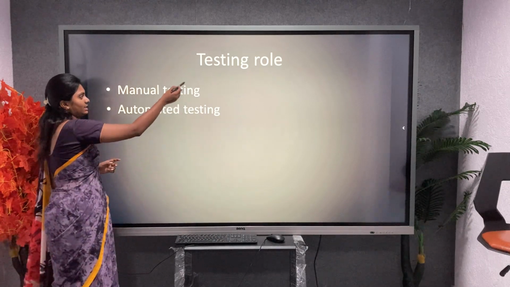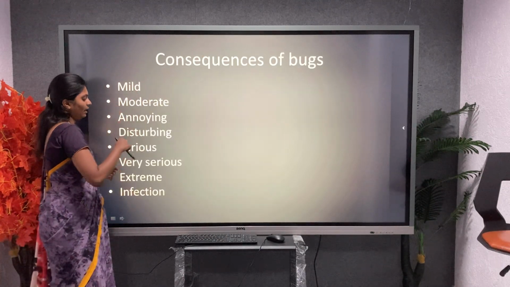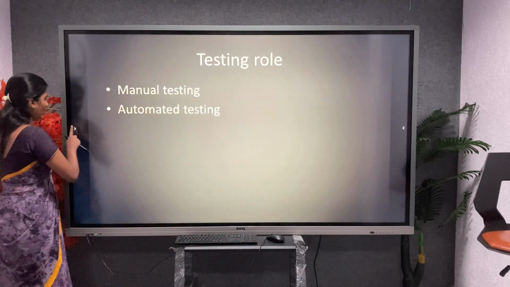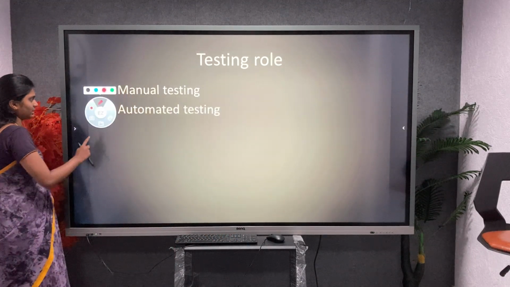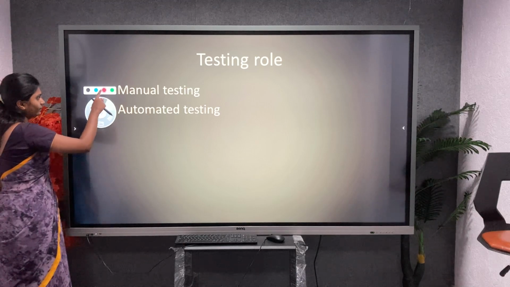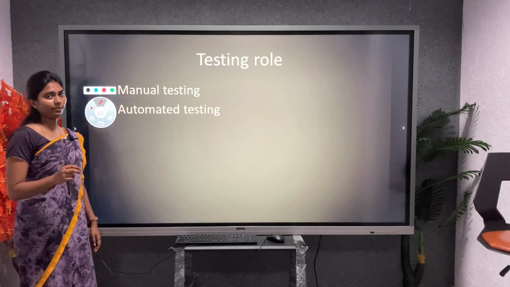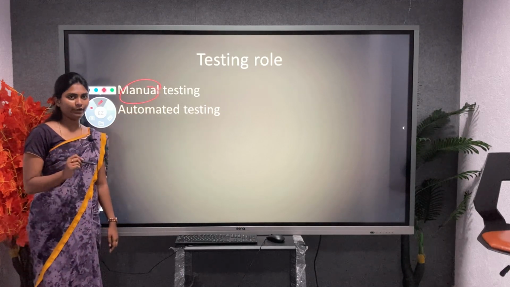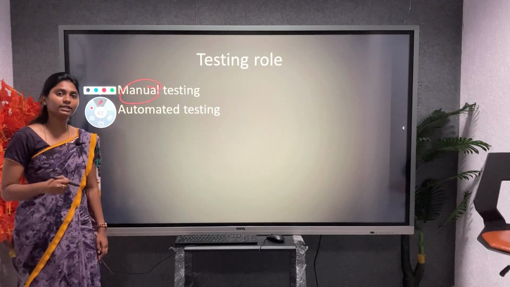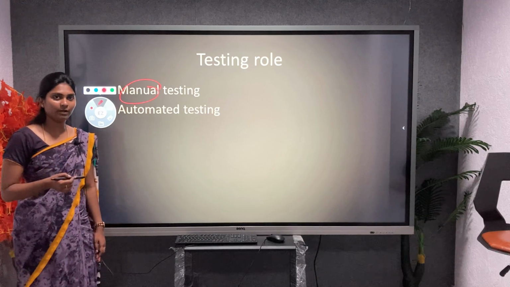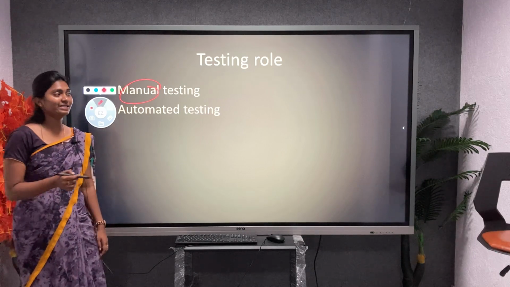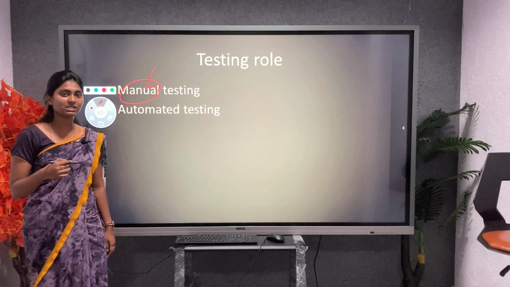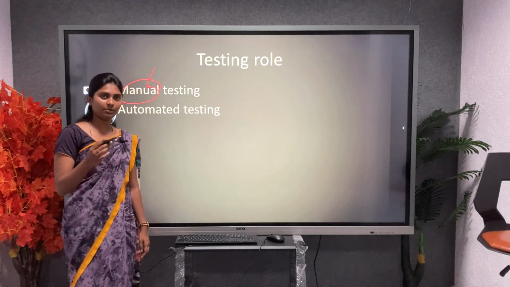In testing we will define manual testing and automated testing. First I will talk about manual testing. Manual testing is the starting state of testing, which uses a step-by-step process.